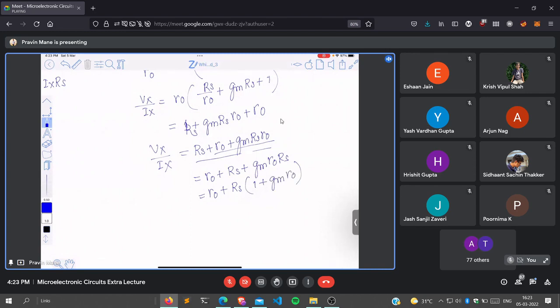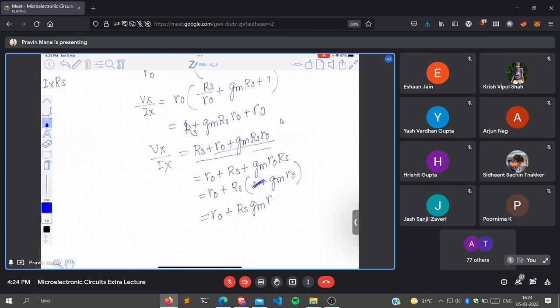What is the relationship between 1 and gm RO, which is a very large quantity? RO is in kilo ohms, 100 kilo ohms, sometimes mega ohms, while gm is a value like 20, 30 millisiemens. So this product is very large in comparison to 1. In most calculations this 1 is neglected and you get RO plus RS.